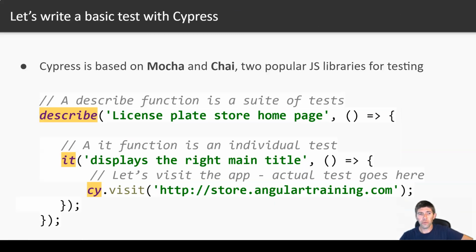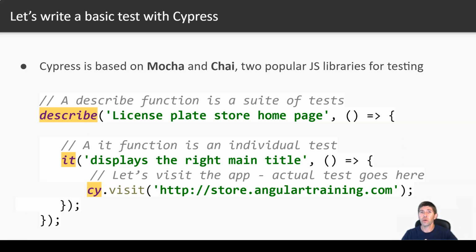So let's start with the first basic test. Whenever we work with Cypress, from a syntax standpoint, it's based on Mocha and Chai, which are two popular JavaScript libraries for testing. This means that every single test is going to have the following syntax, where first we have a describe function. That is really a bunch of tests that we group together.